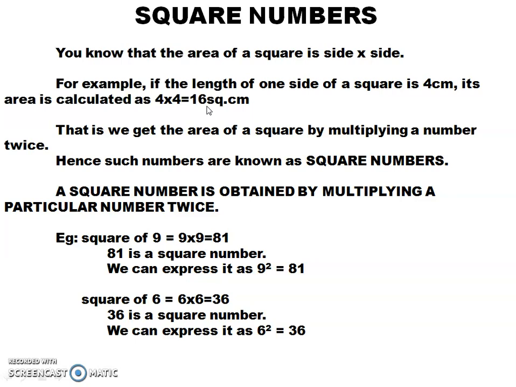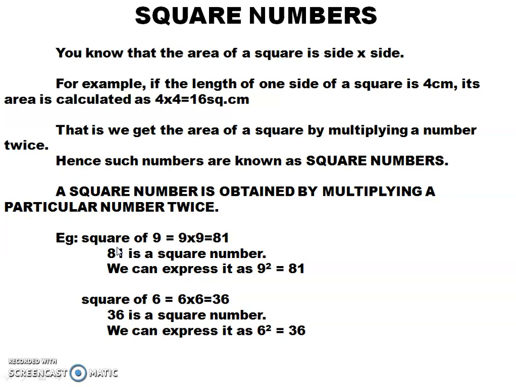Such numbers are known as square numbers. That is, 16 is a square number. A square number is obtained by multiplying a particular number twice. Okay, so 16 is a square number. Why is 16 a square number? You are multiplying 4 2 times to get 16.